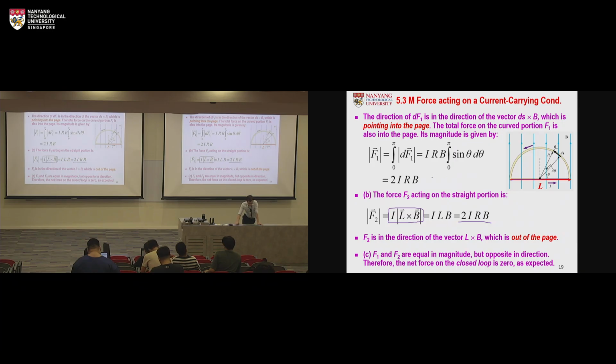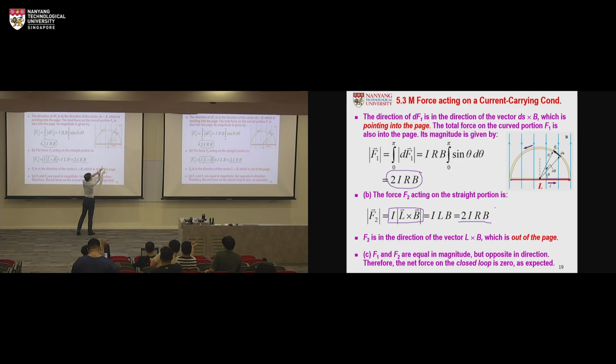While for the curved portion, it should be the same magnitude. But for the direction, again, you have to use the rule. If we look at the straight line, this is going to be the vector L, and this is going to be B. So it should be like this.